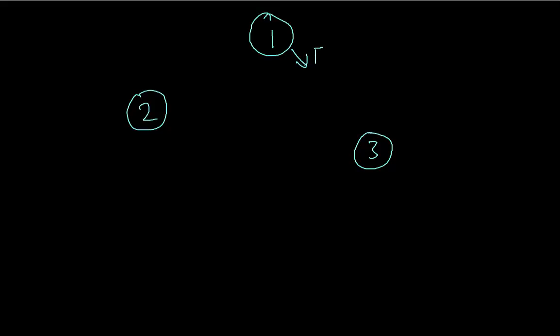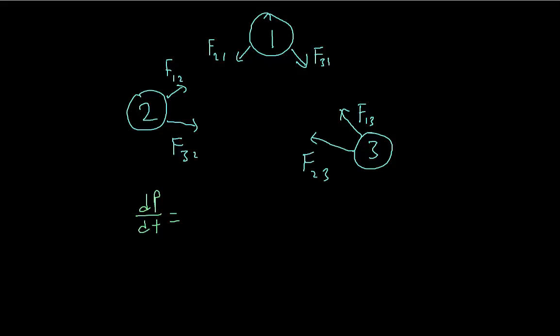So let's look at a system with 3 particles with no external forces. So we have 3 particles and each one is exerting a force on the other 2 particles. And so by Newton's third law, each of these forces has an equal and opposite pair. And so again, we can write out the total rate of change of the momentum by just adding up the rate of changes of the individual momentum of the particles.